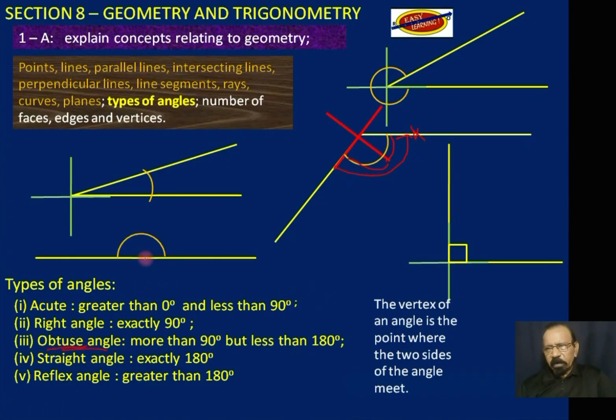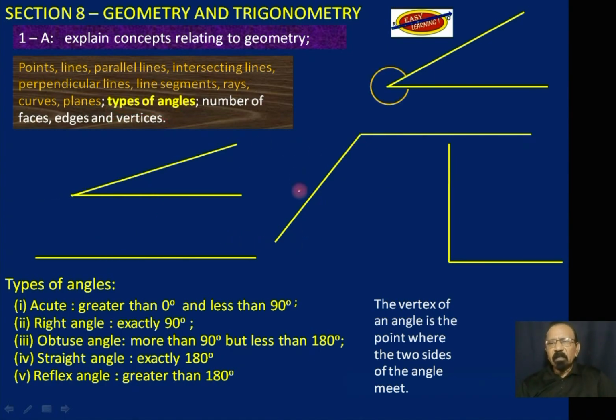This one down here, now we could see it's a straight angle. That seems kind of funny. You think angle is something that is bent. So it is a straight angle if you put that cross here there. So those are the types of angles. There are 5 types of angles.